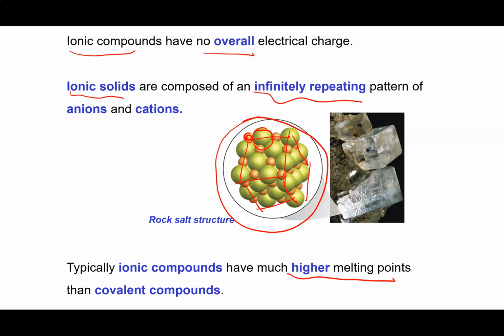So if you have a look at some salt crystals, just table salt, pull them out, you'll find that they're all little cubes, right? And the reason for that is because the ions are organized in a cubic fashion at the microscopic level.